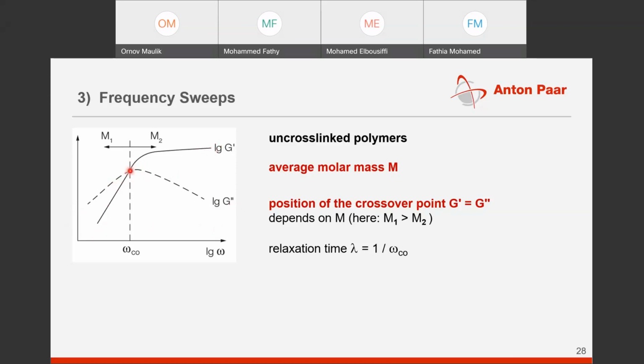Now, this particular crossover point is very, very crucial for any polymer scientist, or any polymer production plant or industry, because this particular point gives you information on the relaxation time. Now, relaxation time, if you remember the example of die swelling, when the viscoelastic material comes out of the die, it stretches or tries to regain its structure.